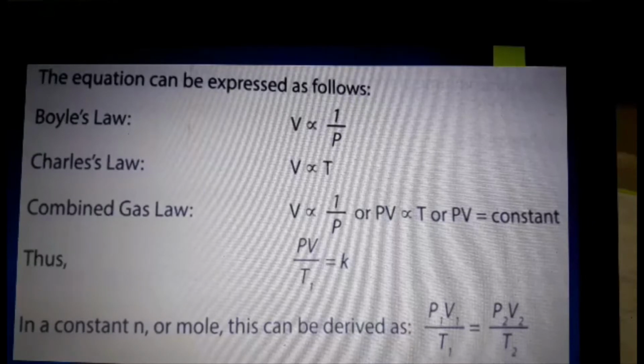This can be derived as P1V1 over T1 is equal to P2V2 over T2. Let us try to derive this equation on how we're going to solve the problem.